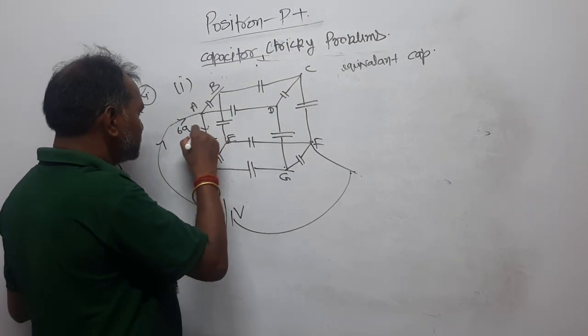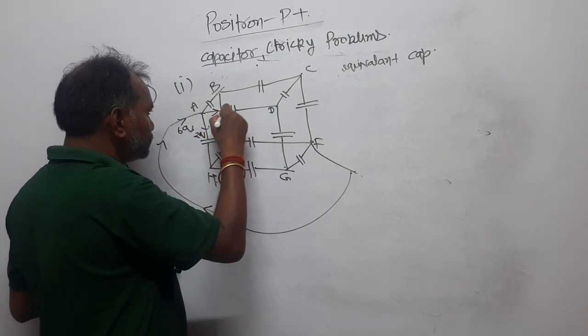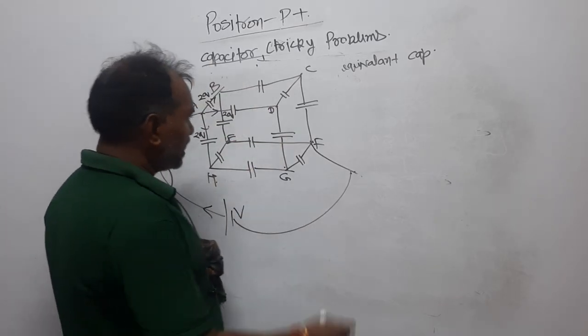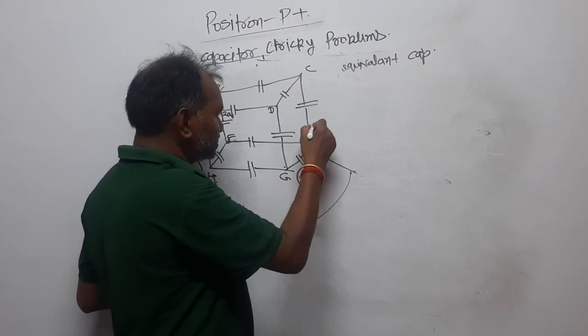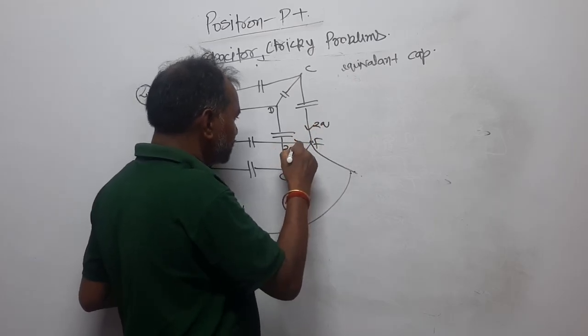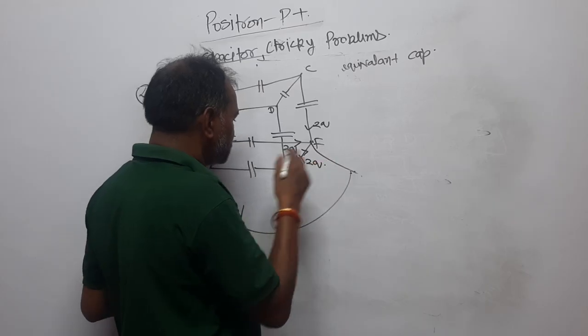This will receive 2Q, this will receive 2Q, this will receive 2Q. In a similar way, at the output, the three junctions are meeting. So from here it is 2Q, from here it is 2Q, from here it is 2Q.